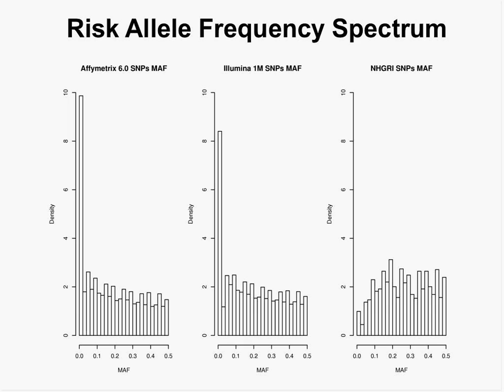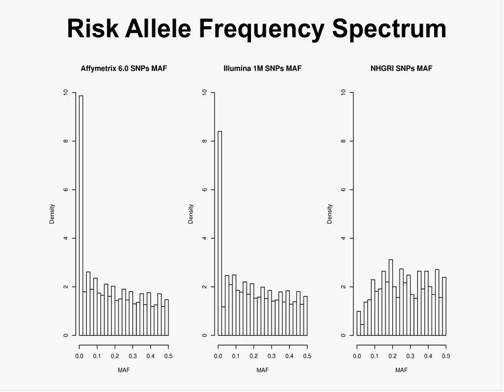But of course, and then in this third panel here, the minor allele frequency spectrum of SNPs from the NHGRI catalog. This was from a while ago, but it's not going to be very different now, which is highly skewed toward the more common variants, and this is not really about testing the common disease, common variant model.